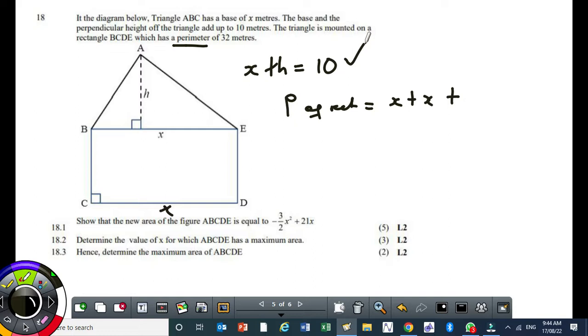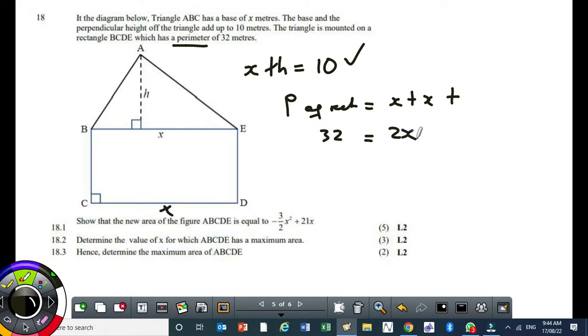So x plus x, they are the length. But what will be the length of this side? Now our perimeter here is going to be 32.